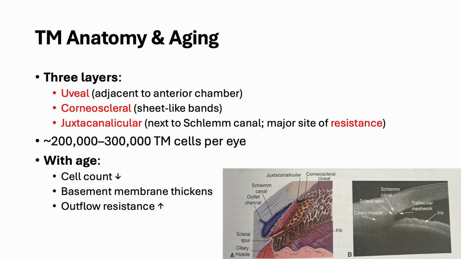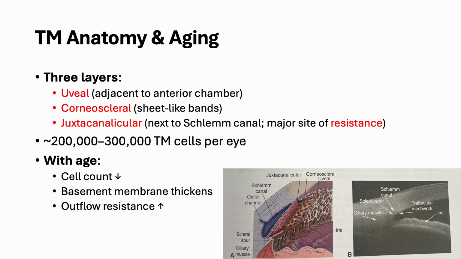The trabecular meshwork, or TM, is organized into three distinct layers. The uveal meshwork, which lies closest to the anterior chamber and provides the most direct route for aqueous humor to reach deeper layers. The corneoscleral meshwork, consisting of sheet-like bands that create a sieve-like structure.